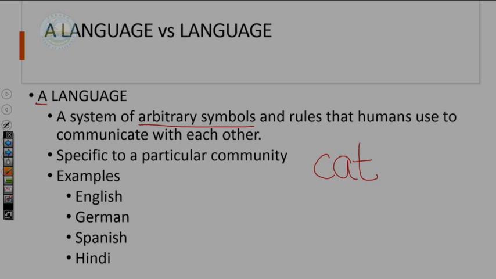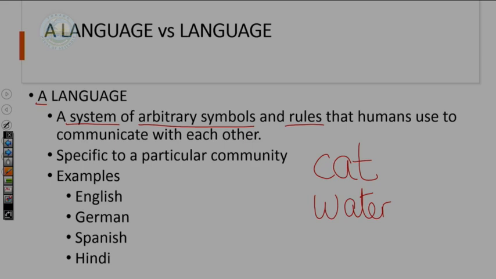The word water does not in any way look like actual water. So these are arbitrary symbols, and then we also have arbitrary rules that constitute this system that refers to a language. These are rules that human beings would have constructed so as to be able to dictate how we structure the information that we use for a language.